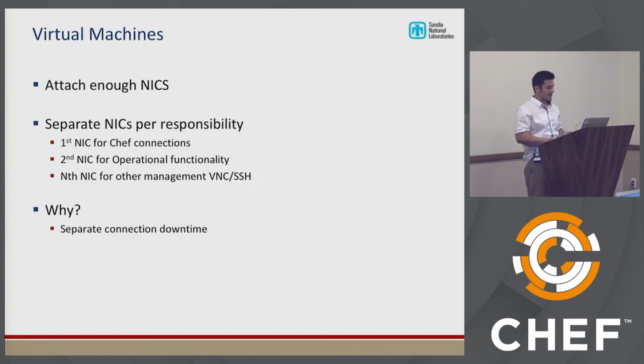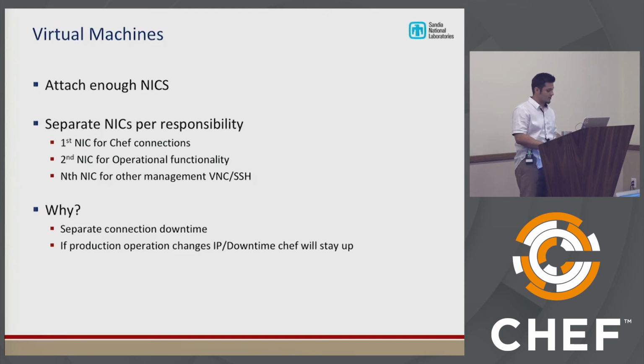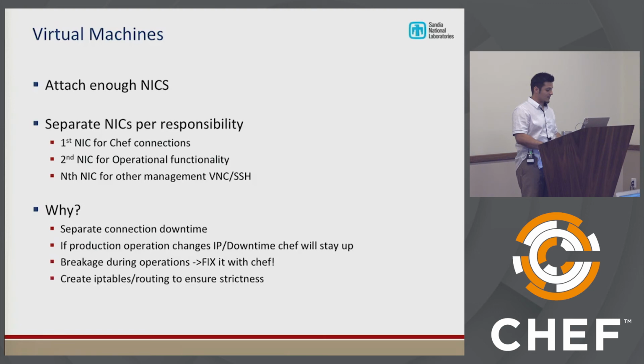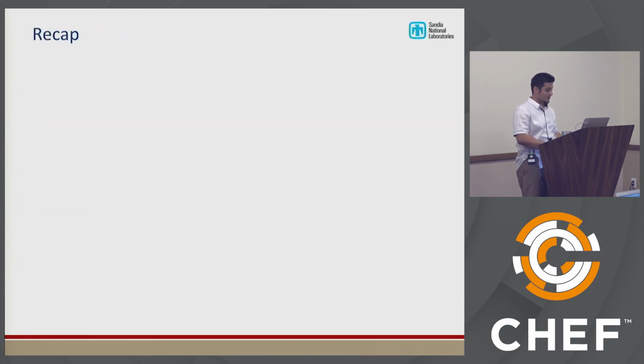So you constantly have a persistent connection with the Chef server of that organization, and that limits downtime. It helps you stay up. I do this using iptables and routing rules. It's not super hard, though Red Hat makes it a little bit more difficult to achieve.